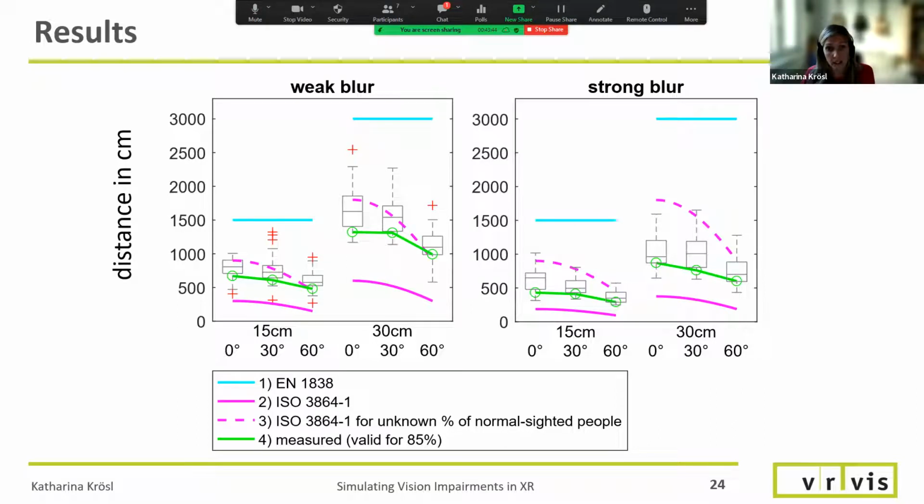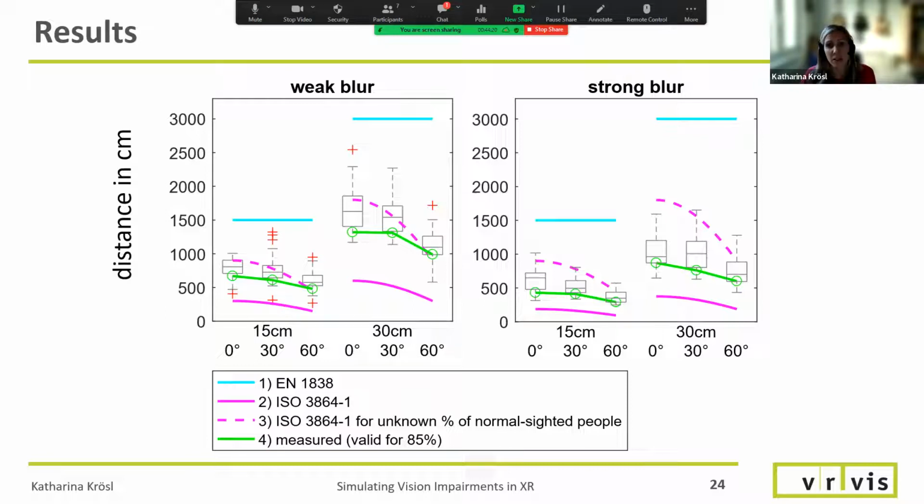And the green line here represents the maximum recognition distance that is valid for 85% of our participants. So 85% could see it from this distance or farther away. And now you can see that the ISO standard for an unknown percentage of normal sighted people, the pink dashed line, already slightly overestimates the maximum recognition distance for a mild vision impairment here on the left.